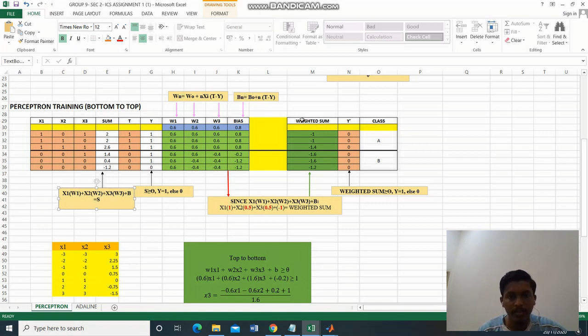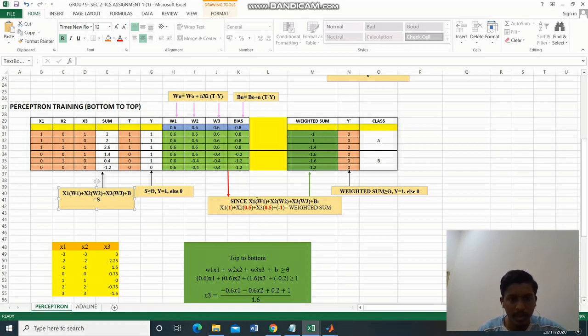Next we are going to see the weighted sum. For the weighted sum, we will take the last row of values, that is 0.6, negative 0.4, negative 0.4 and also bias negative 1.2, to get all the values for the weighted sum.